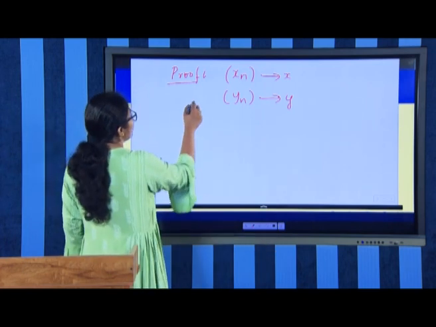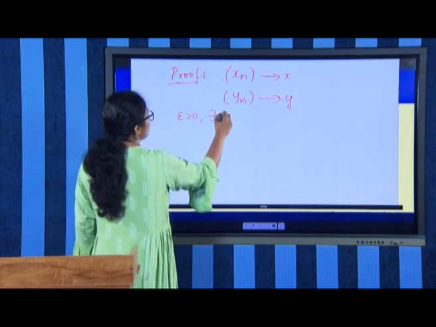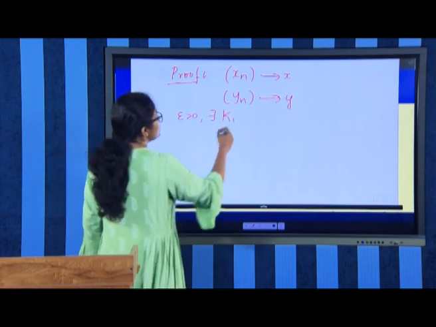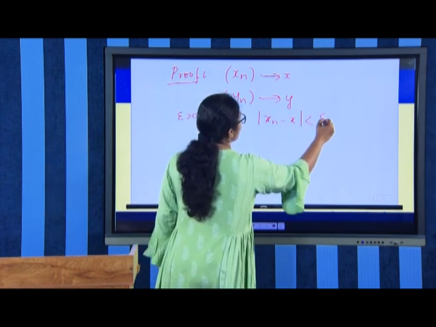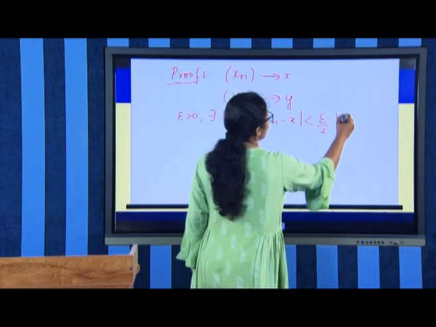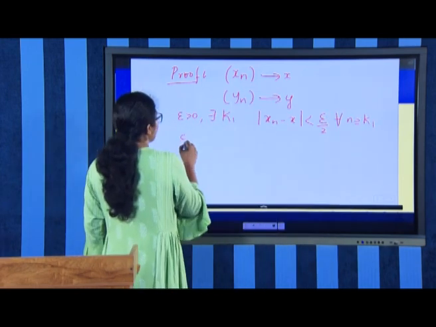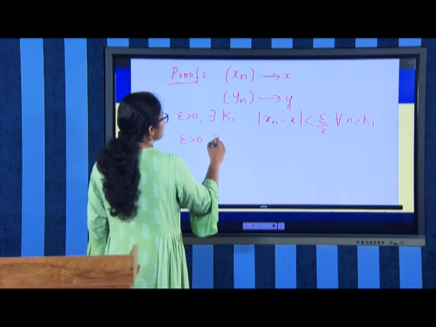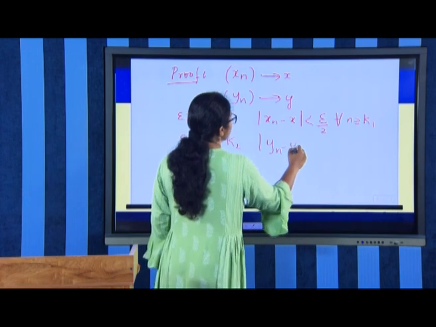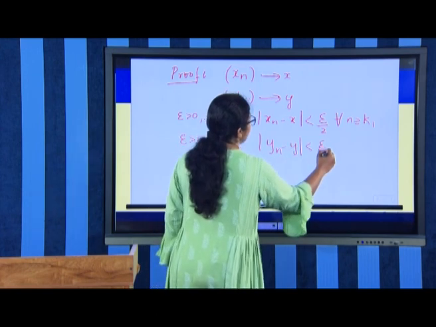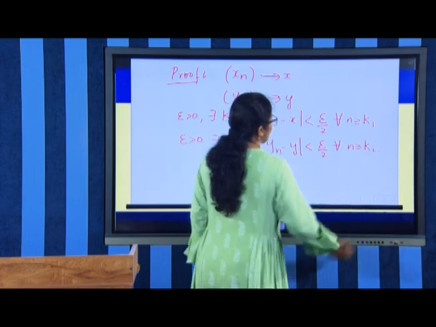By definition of limit, given epsilon greater than 0, there exists some natural number k1 such that modulus of xn minus x is less than epsilon by 2 for every n greater than or equal to k1, and given epsilon greater than 0, there exists some natural number k2 such that modulus of yn minus y is less than epsilon by 2 for every n greater than or equal to k2.